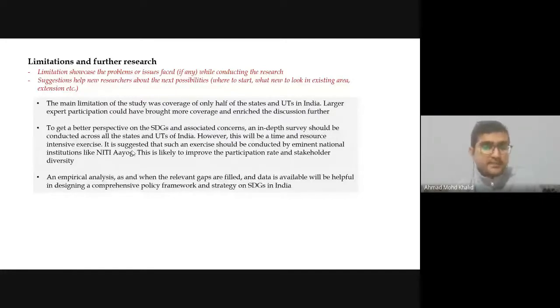This is one of the bad things in research: as individuals and students, when we approach people or write them mail, most of the time you will not get all the replies. That is why they say that an institution like Niti Aayog can improve participation rate and stakeholder diversity.